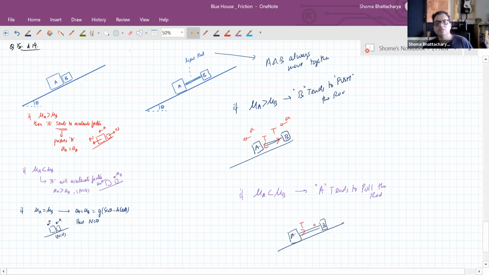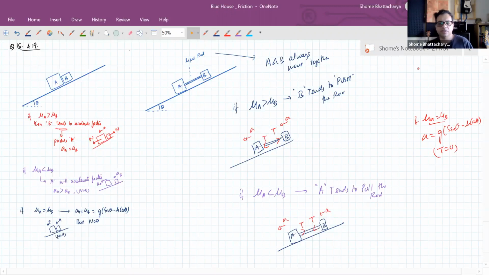The rod has a tendency to stretch. Here the rod has a tendency to get squashed. So the rod will apply inverse tension like this, but they will have common acceleration. Okay. And if mu A is equal to mu B, then acceleration will be this, okay, and tension will be zero. So these are the different kind of cases possible.